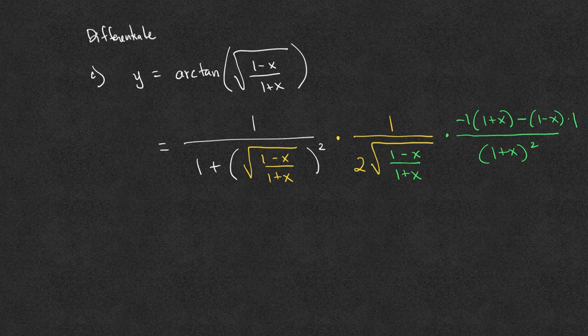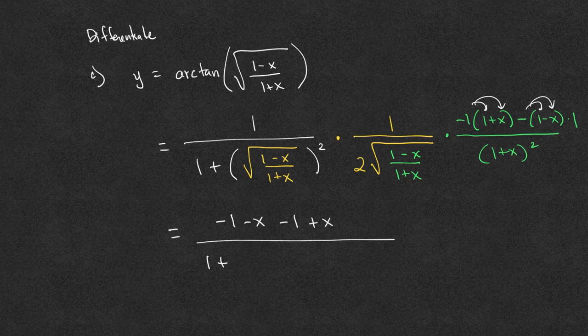We will need to simplify this. The numerator is negative 1 minus x, because we distribute the negative 1, and then minus 1 plus x, because we distribute the negative sign, over 1 plus the radical squared, which is now 1 minus x over 1 plus x.